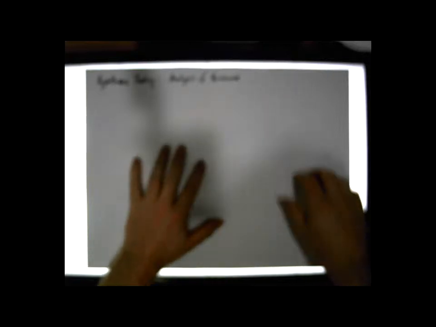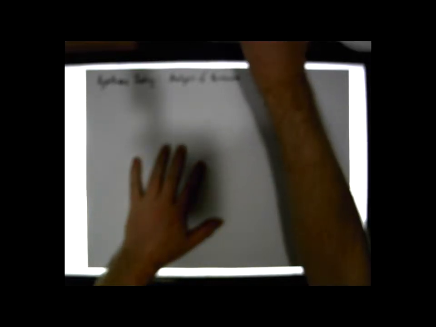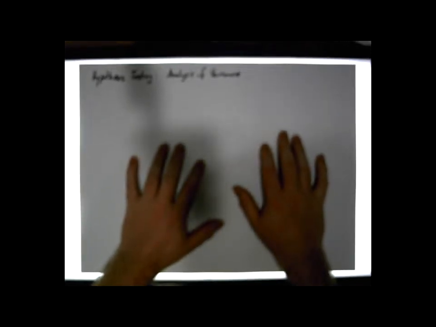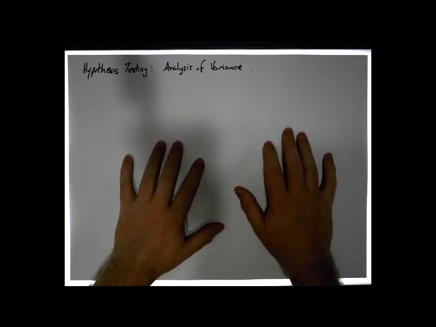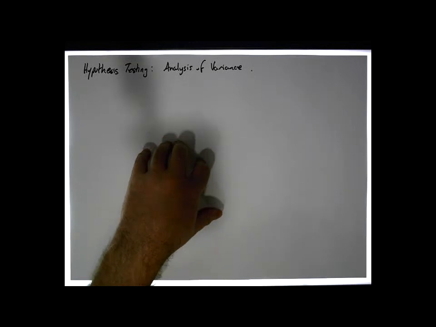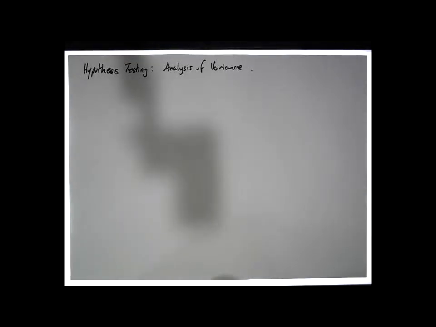I'm going to hit the autofocus button and hopefully that comes in. Ah, there we go, that's a bit better focused. Okay, sure. Anyway, I'm going to continue on with this concept.